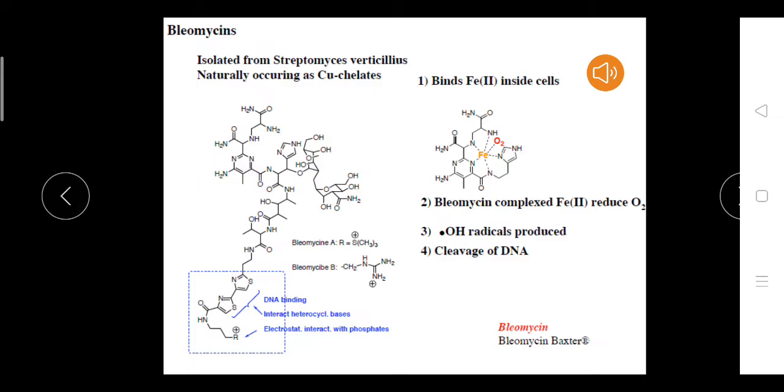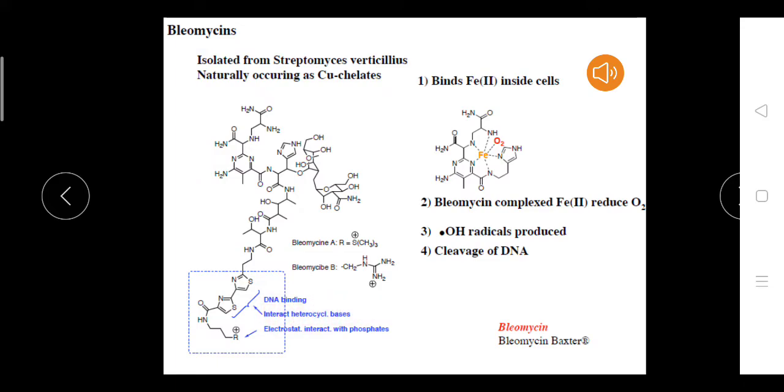Now mechanism of action. This bleomycin has DNA binding, that means bleomycin can intercalate between the DNA bases by the ring, that is the thiazole carboxylic acid ring, that is responsible for the intercalation of DNA.